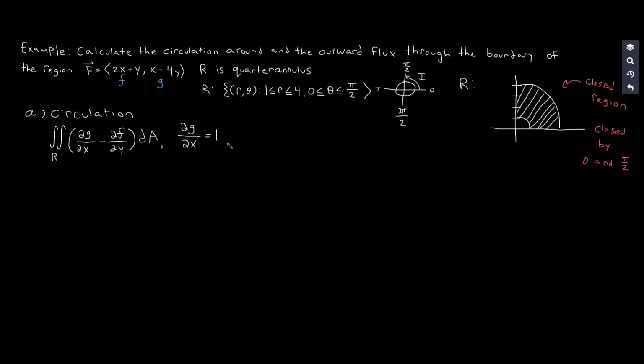Then we need the partial derivative of f with respect to y. 2x gets treated as a constant, and 2 times 0 is 0. Plus 1: the derivative of y is 1. So it's going to be 0 plus 1, which is 1. Cool, we have what we need for our recipe.